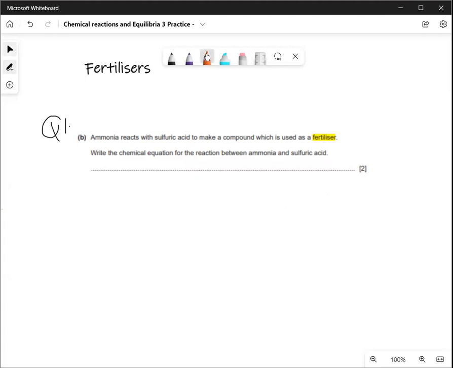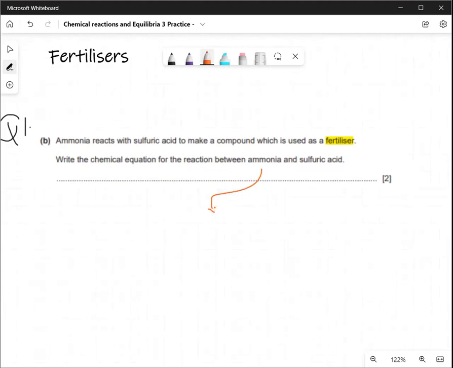How do we solve this? Ammonia, it is NH3. Okay, now let's see. If they're going to react, they must be aqueous. So we'll write NH3 aqueous and sulfuric acid. What is sulfuric acid? Tell me.